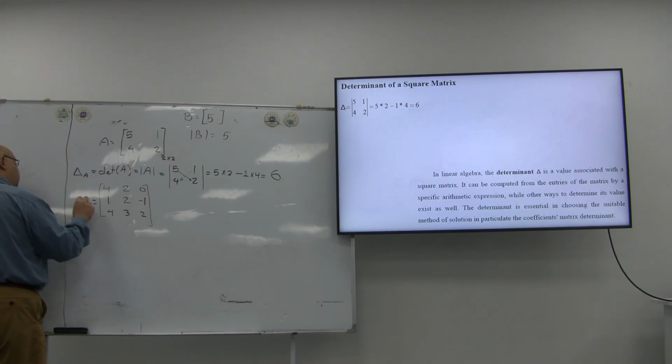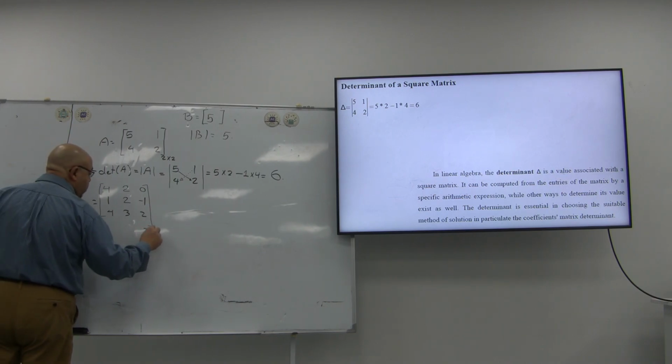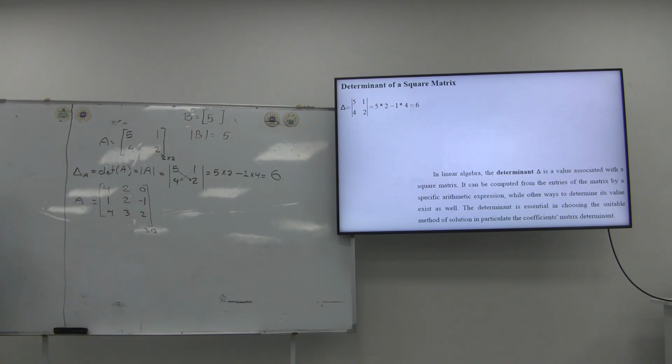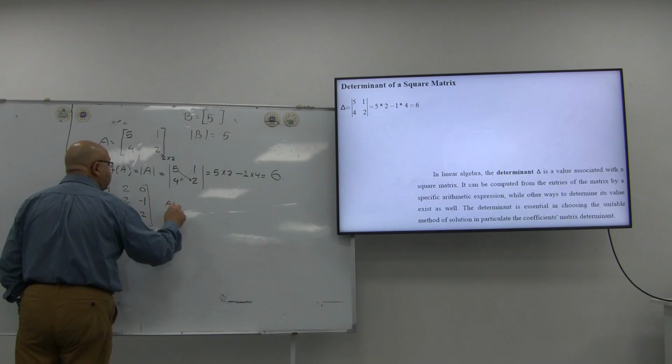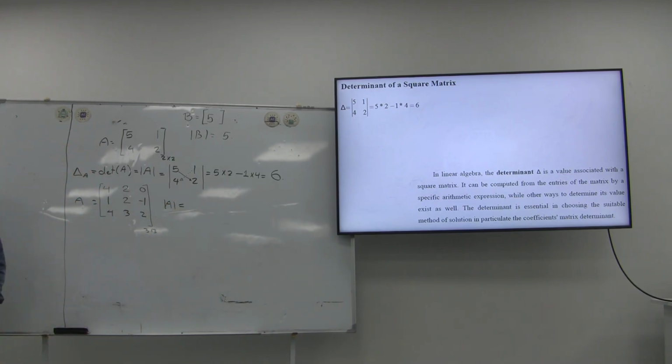That's a matrix A with dimension 3 rows and 3 columns. If I want to evaluate the determinant of this matrix, it's very simple.